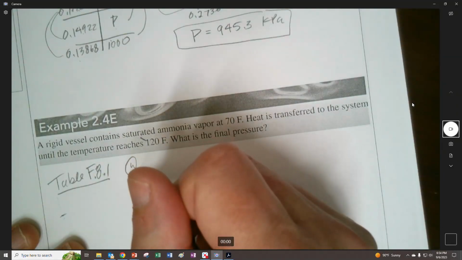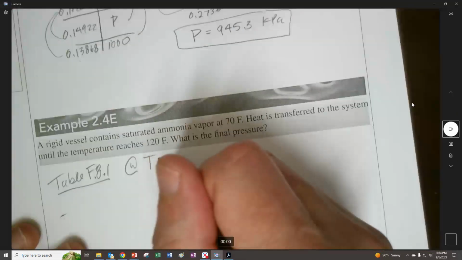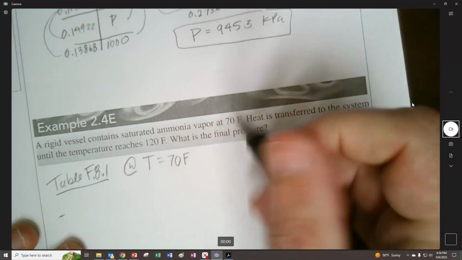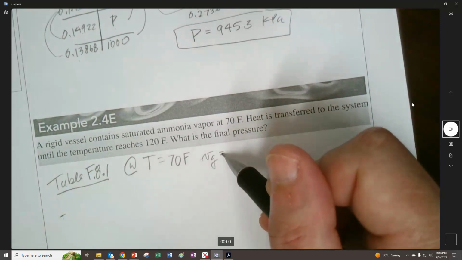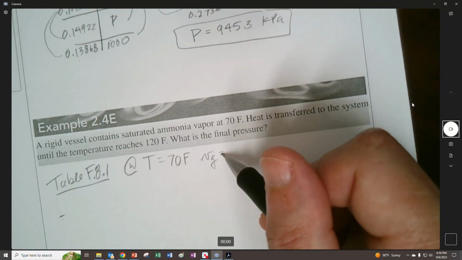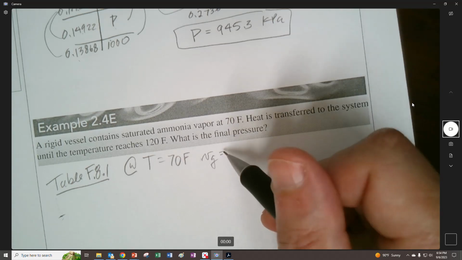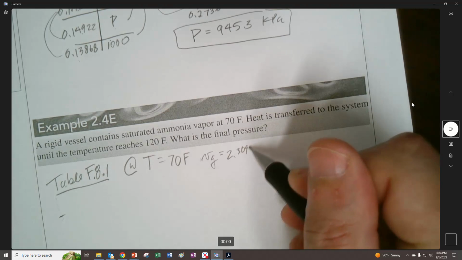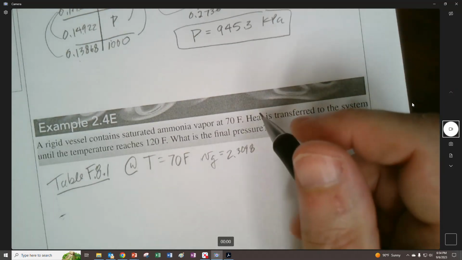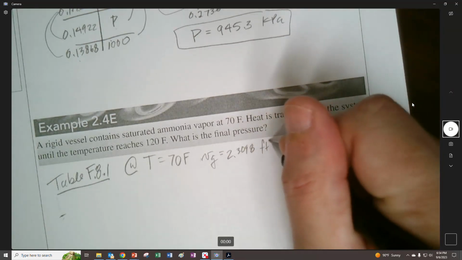And at T equals 70 degrees Fahrenheit, the only one I really care about is that Vg, and we found out that is going to be 2.3098, and those are cubic feet per pound mass.